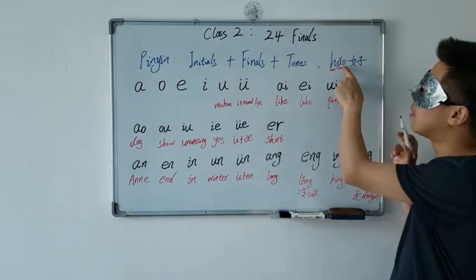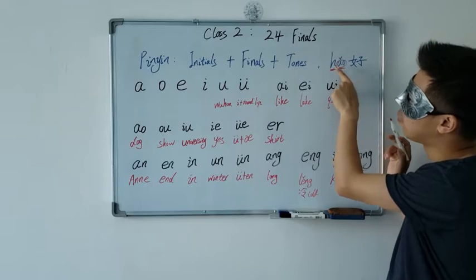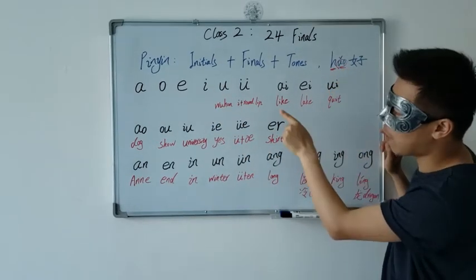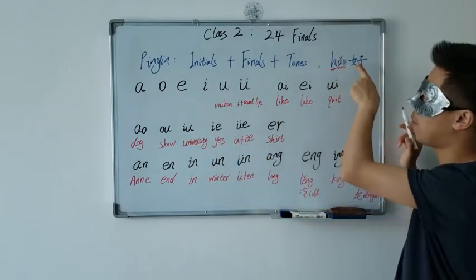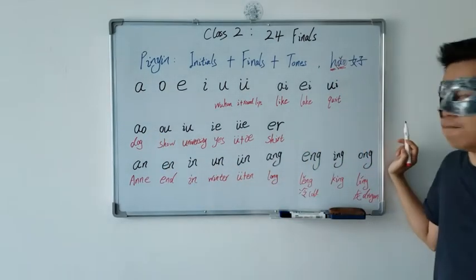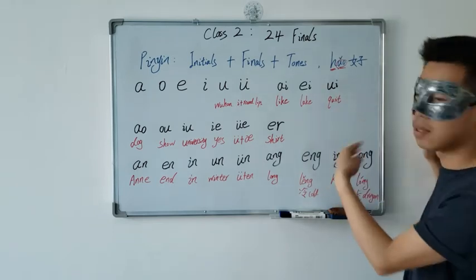So if the two basic finals put together are one of the fixed finals, you cannot pronounce it one by one. You have to pronounce it this way. Okay. Let's start to learn the rest of the finals.